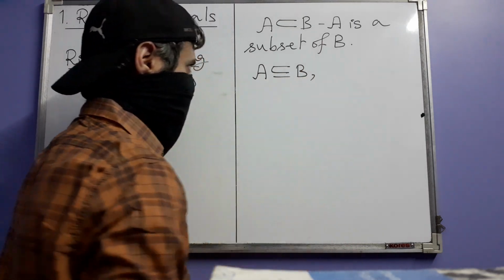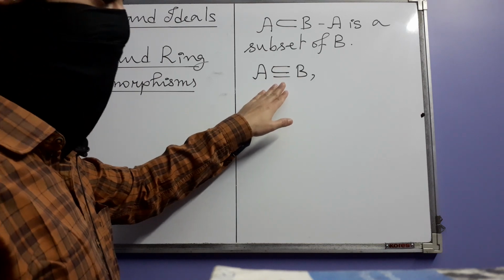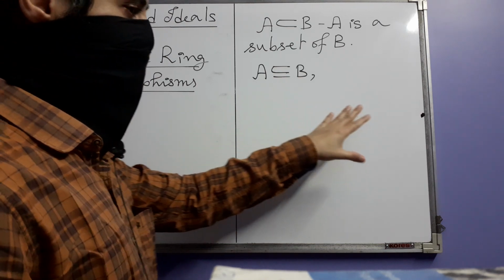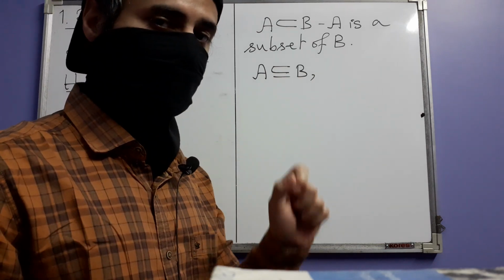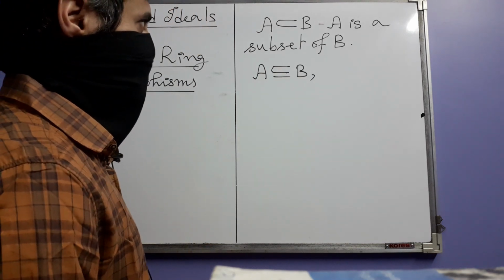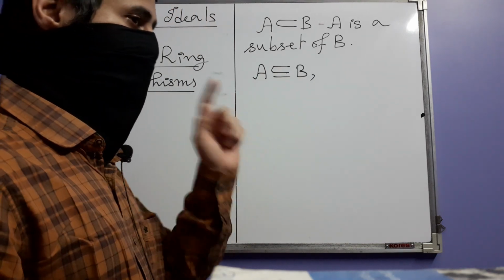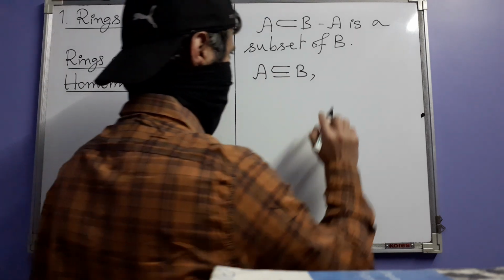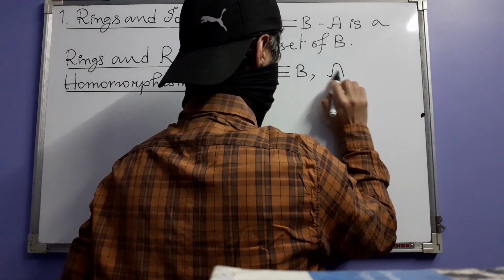So this notation is exactly the same notation that Terence Tao follows in analysis, in his book Analysis 1. However, to mean the proper subset relation, Terence Tao would write like this.